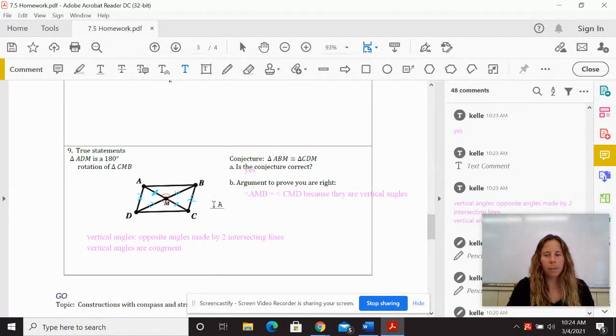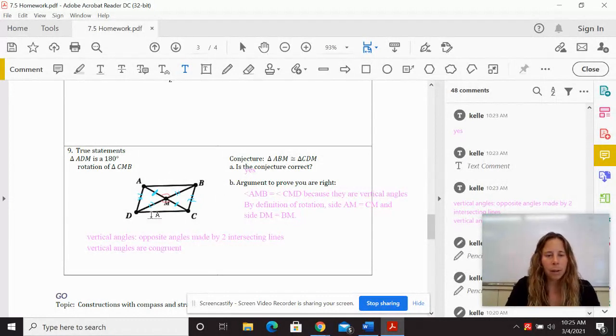Okay, so that's that, and then by definition of rotation, side AM is congruent to side CM, and side BM is congruent to DM, BM.